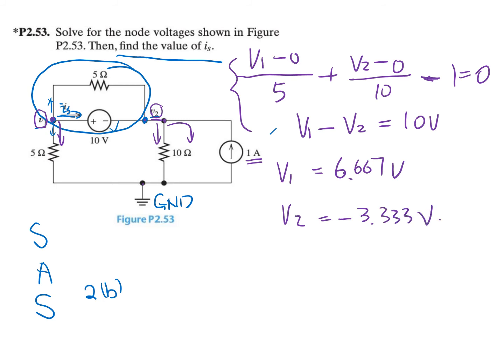Well, we have V1. We can calculate Is. So we perform KCL here, and we assume all the currents are flowing away.